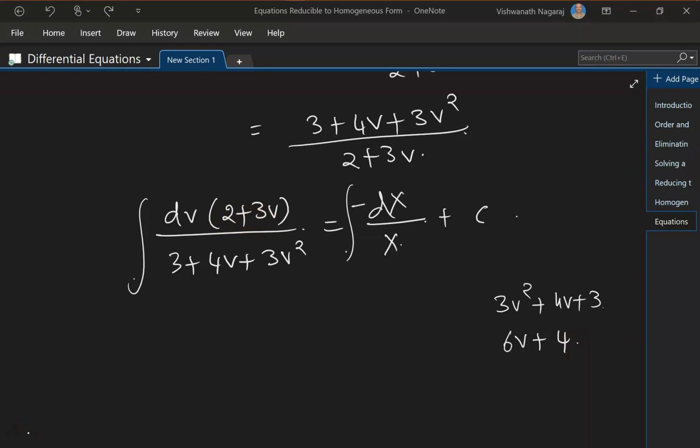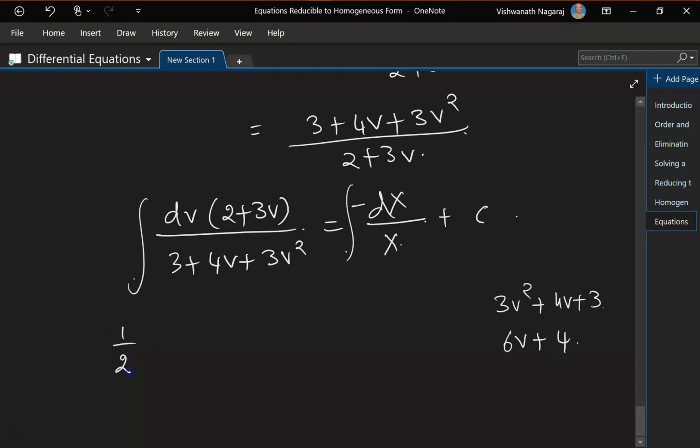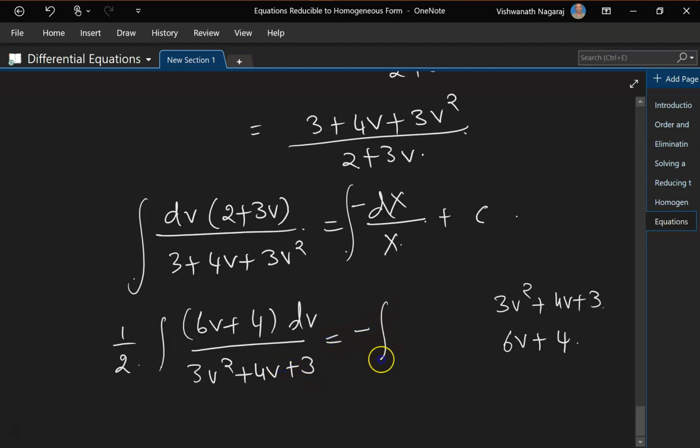Yes. If we multiply this by 2, we can get this 6v plus 4. So let's multiply it by 2 by 2. 1 by 2 we take it out, and this becomes 6v plus 4 dv by 3v square plus 4v plus 3 is equal to minus dx plus x plus c.